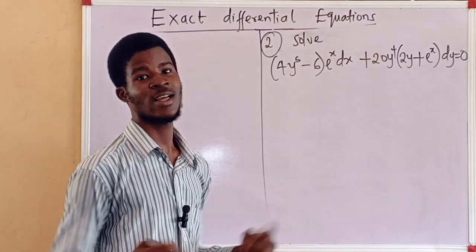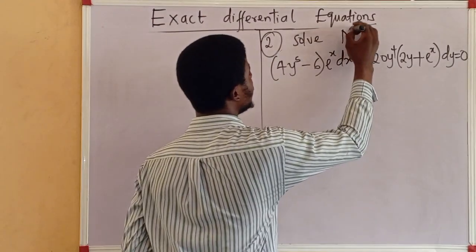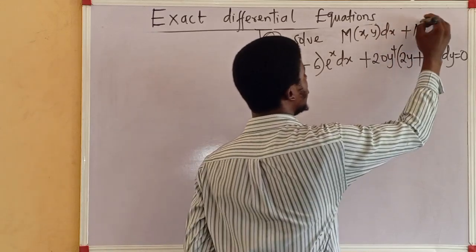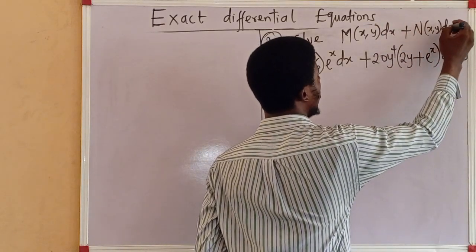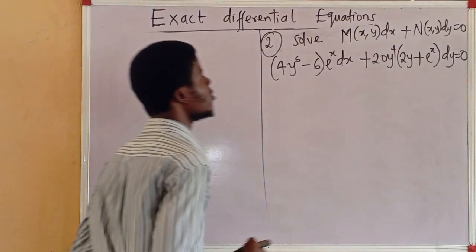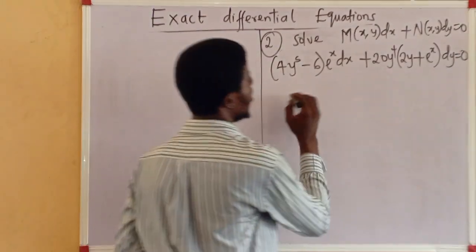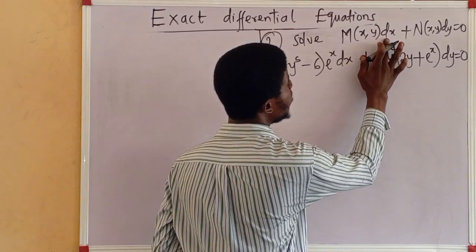This looks like an exact differential equation because we have the form M of x and y dx plus N of x and y dy equal to 0. So this is it. Let us identify M and N. M is associated with the x.